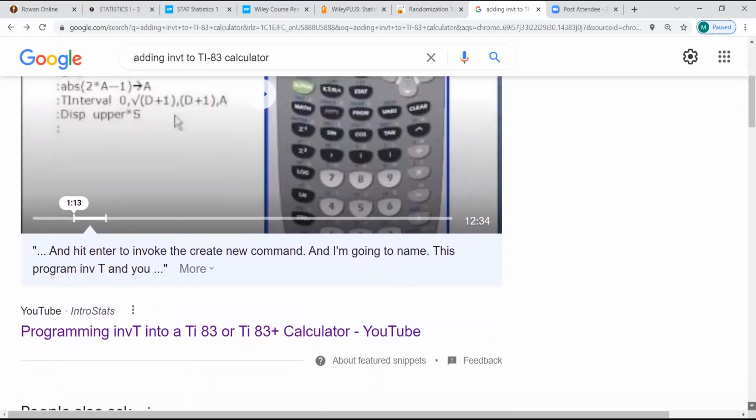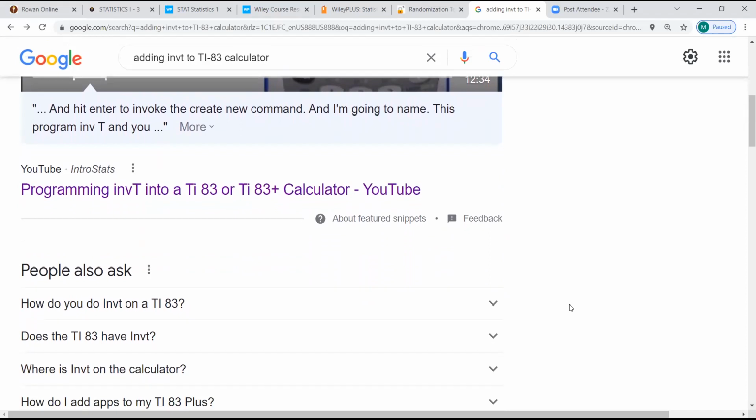So this is an example of it. It says programming INVT into an 83 or 83 plus calculator. There's a video and an audio, and you can hear them step by step. What you're going to do is actually follow the steps with your calculator. I've had people do this and they had no problem. They did it and it worked.